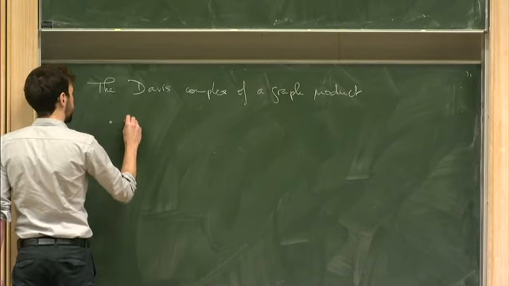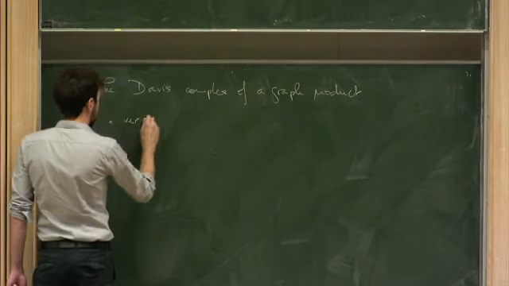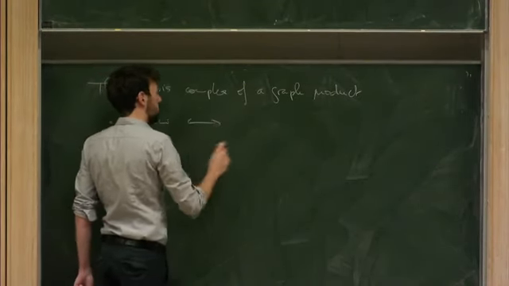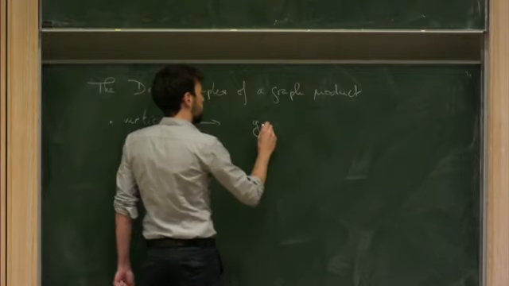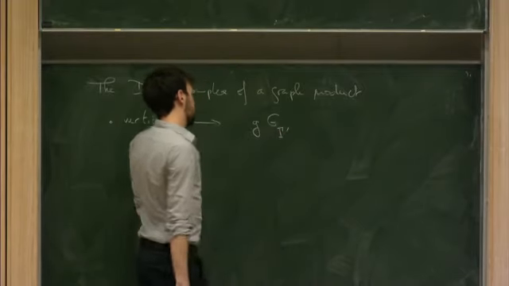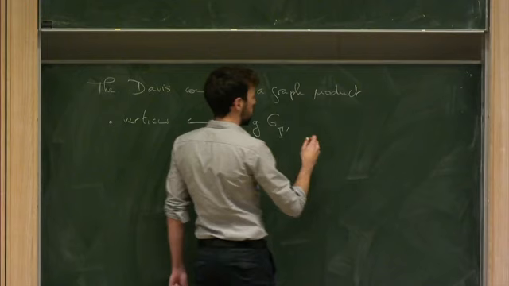So vertices are going to be in bijective correspondence with the cosets of subgroups of the form G of gamma prime. So I need some notation.